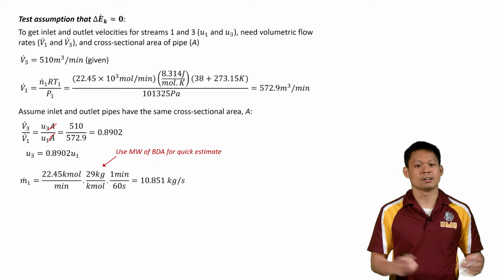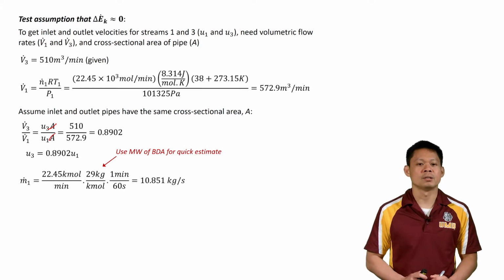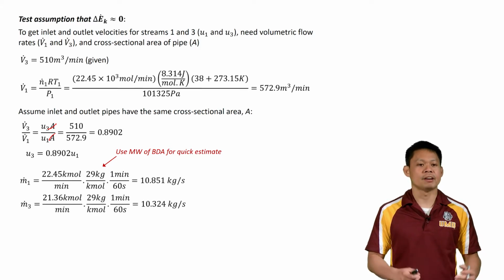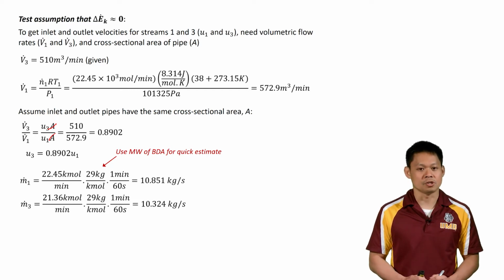The mole fractions are generally more than 90% of bone-dry air. So just for a quick estimate, I'm just using the molecular weight of bone-dry air, find the mass flow rate of stream 1, do the same for stream 3, and now I have everything I can put into my equation for my change in kinetic energy.